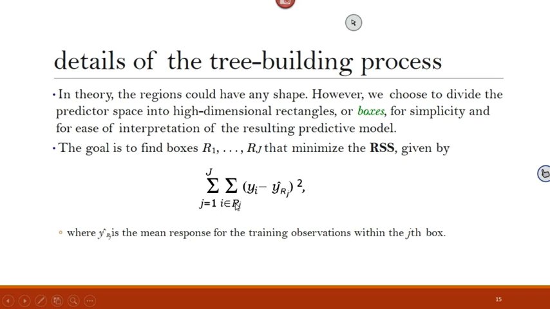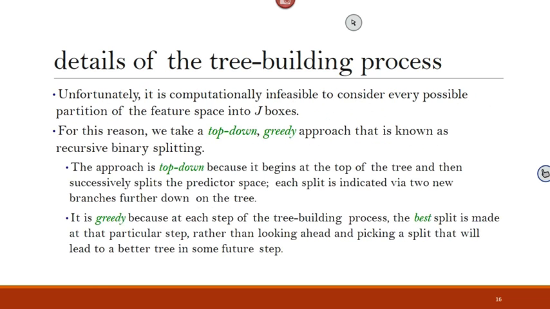So this is the sum in a region R, and you sum over all. If you have 3 regions, you have an error value calculated in each region, that's the residual sum of squares, and you accumulate them, you take the summation. So our goal is to minimize the residual sum of squares over all the regions. So you want to think of where you place those boxes.